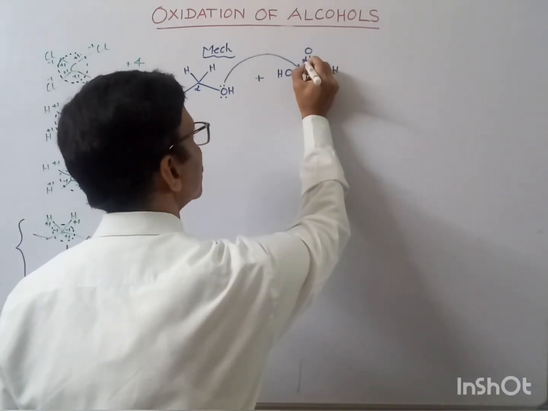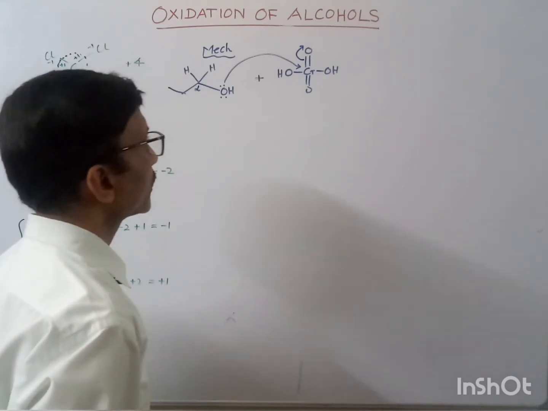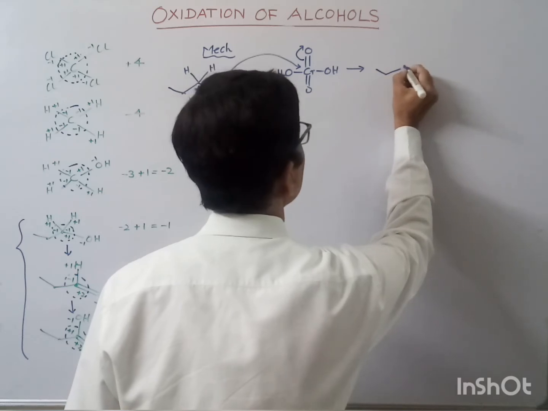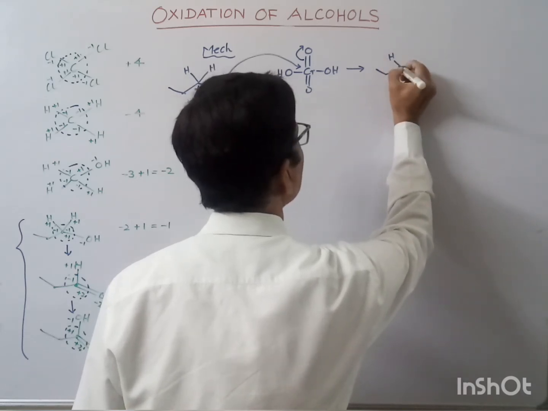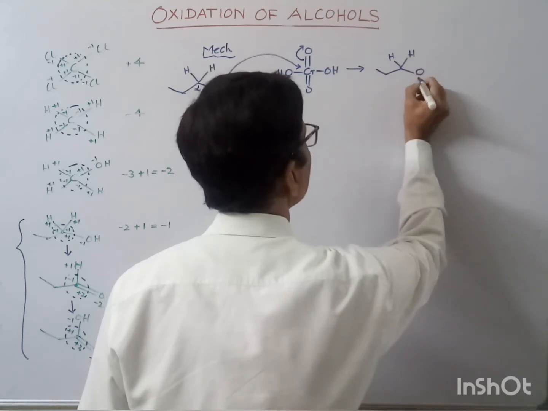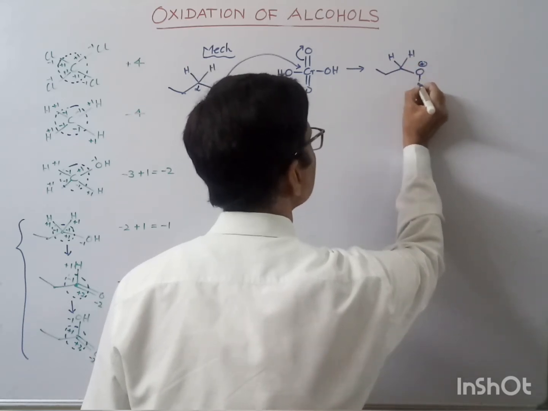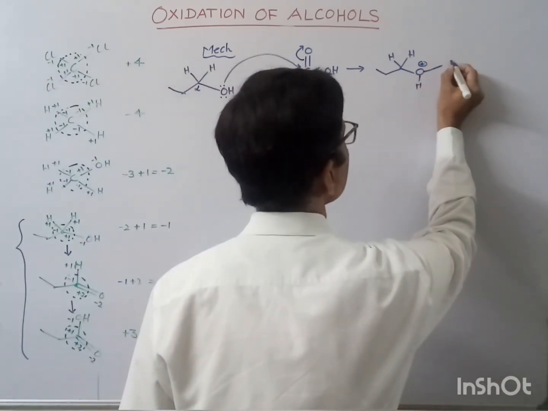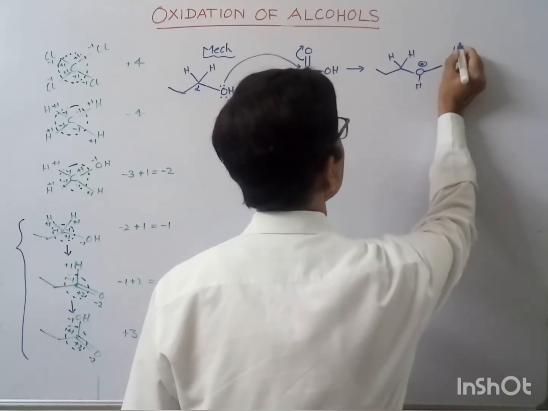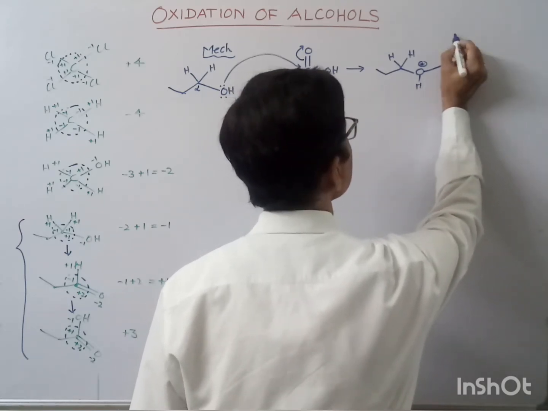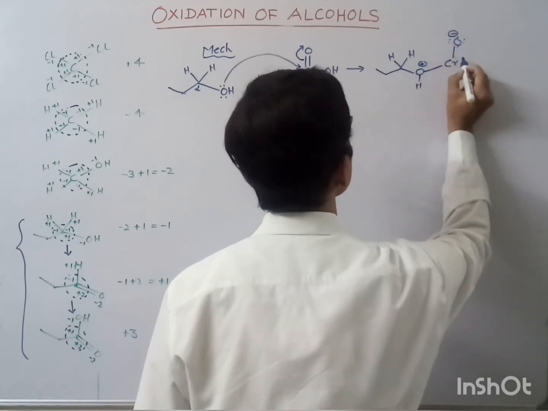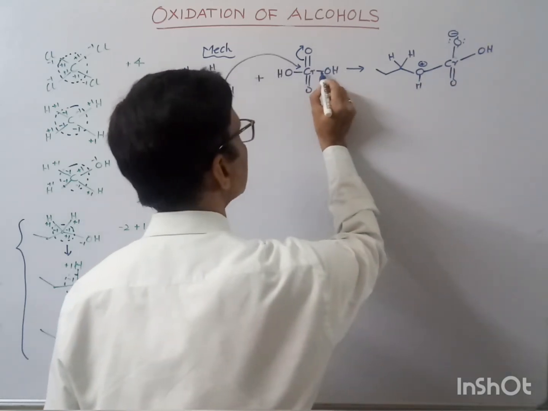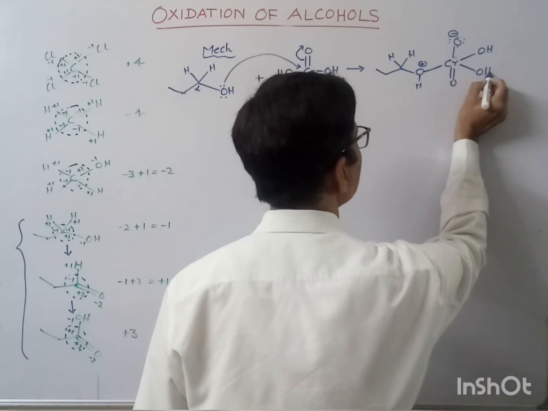Here the pi bond will break, and now this oxygen has the plus charge, and here is chromium and 2 OH groups. This is one of the OH groups, this is another OH group, like this.